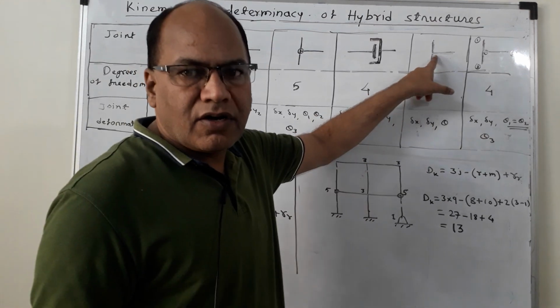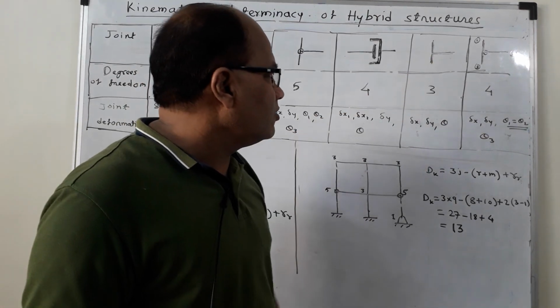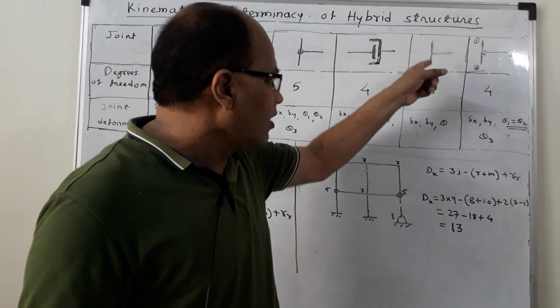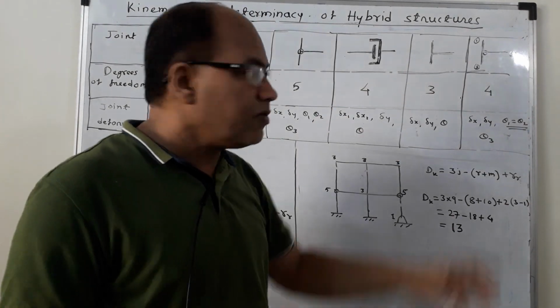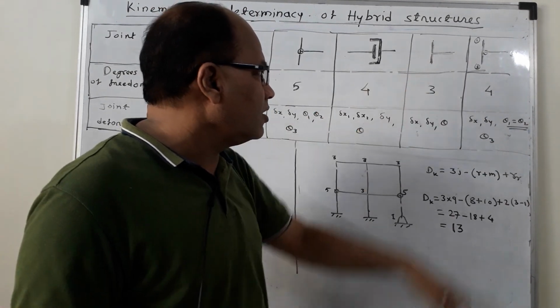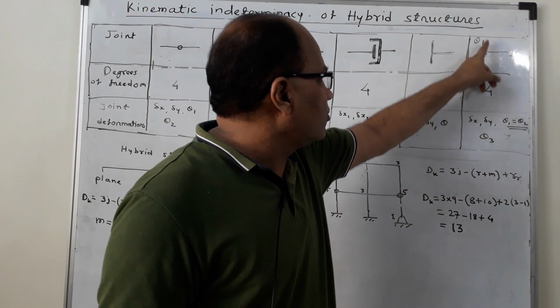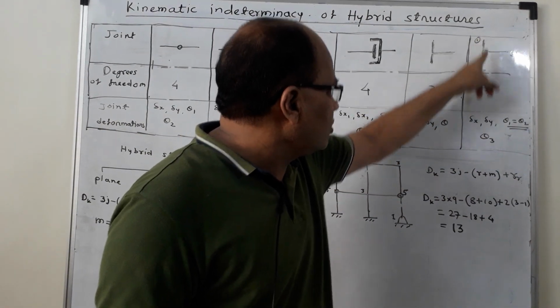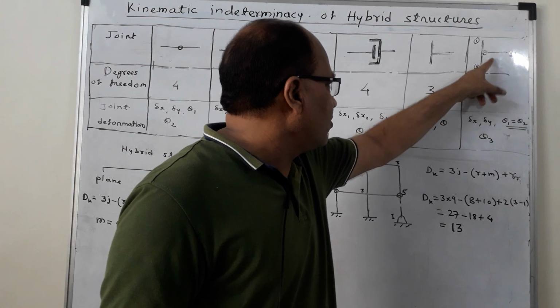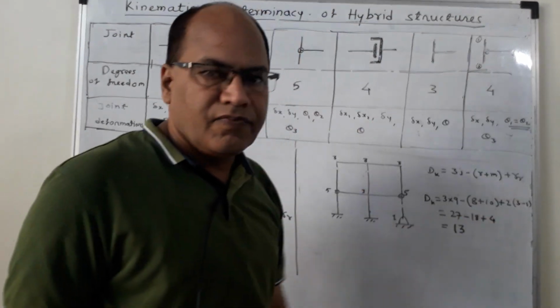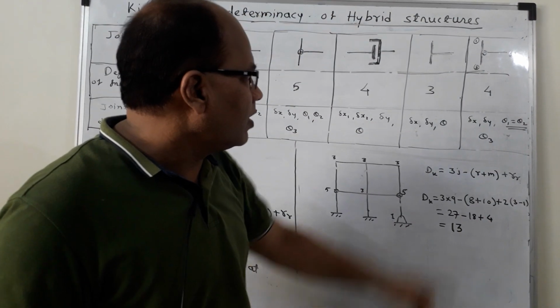Now it is a rigid joint, we know, and in case of rigid joint, delta x, delta y and theta, that is rotation, which is common for all the members. So 3 degrees of freedom for a rigid joint. And in this joint I have shown this vertical member, and to this vertical member, another member is connected to the first member by means of a hinge.